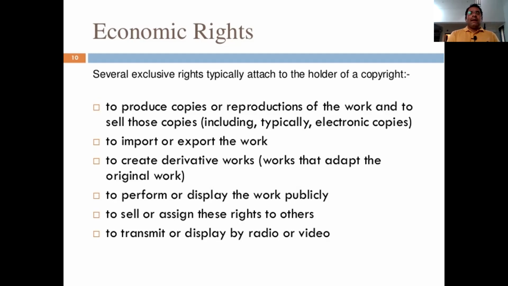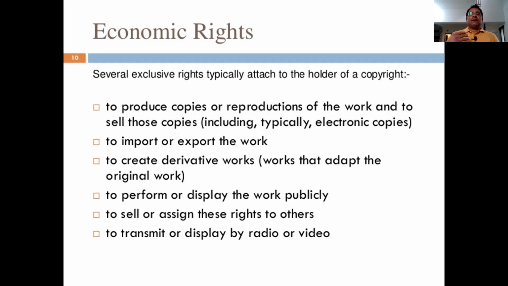The producer and the director cannot just pick up a book, a story, and start making a film and make some money just like that without informing the true owner, the true author of the book. If he does that, that amounts to infringement of the copyright of the original writer. So what is to be done?